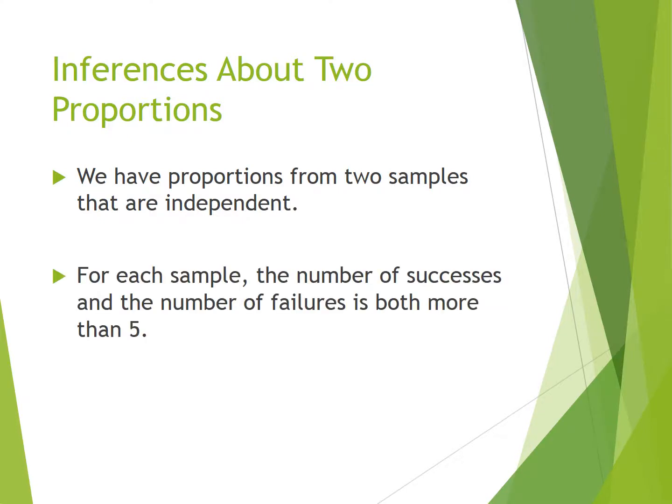Now for each sample, the number of successes and the number of failures are both more than 5. This is really more of a requirement for the normal approximation, which your book covers, but Minitab does the exact value. So we're going to see that when we use Minitab, we're not going to need this requirement.